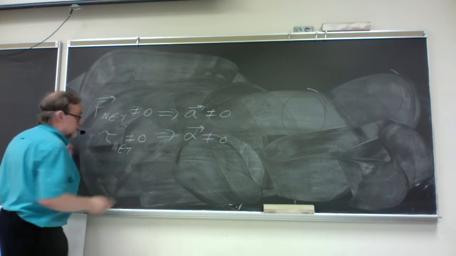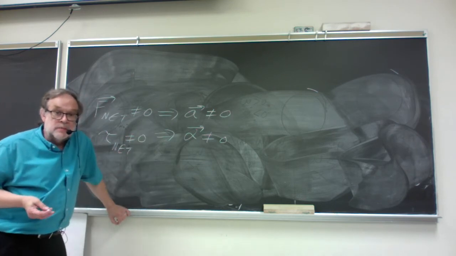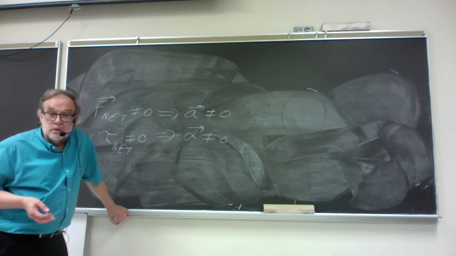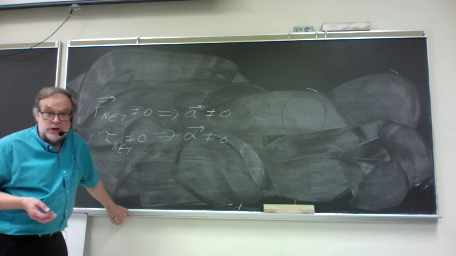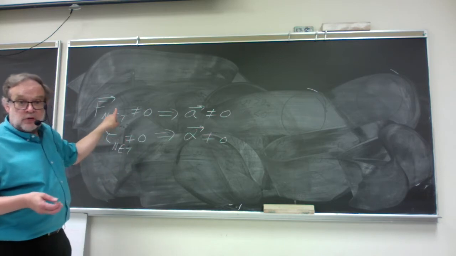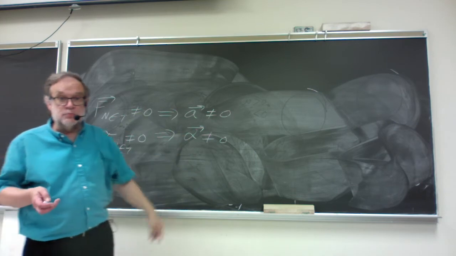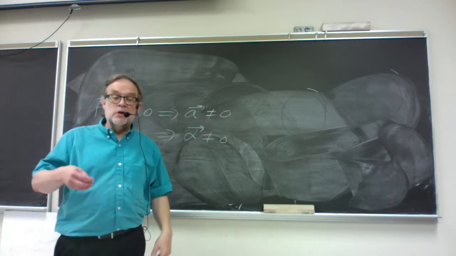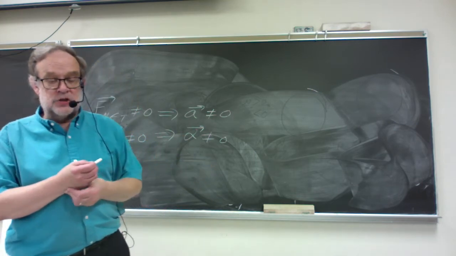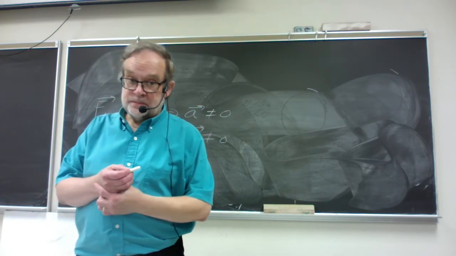If the net torque on some object is not zero, then you get angular acceleration. Just as when the net force on something is not zero, you get regular meters per second acceleration. So the question is, what is torque?